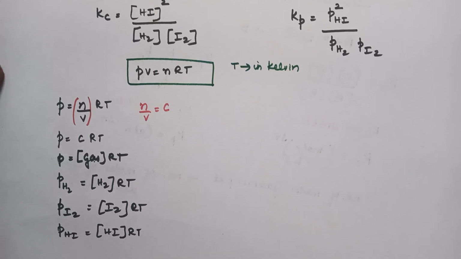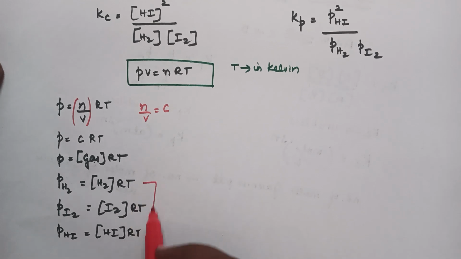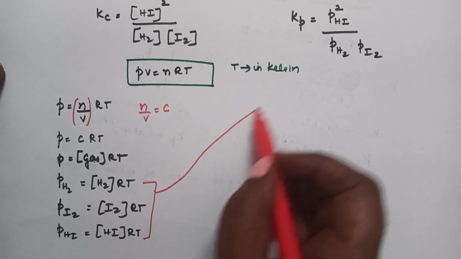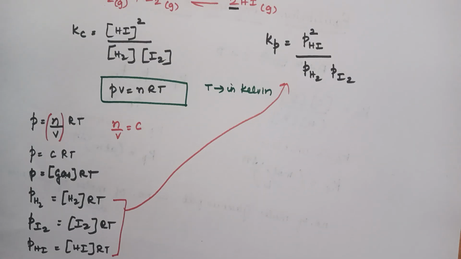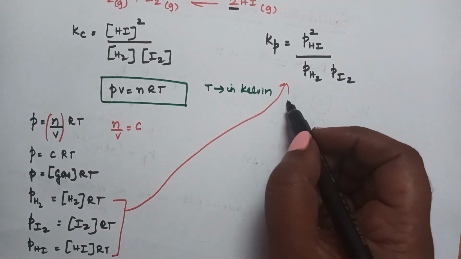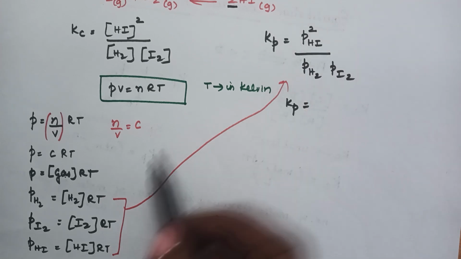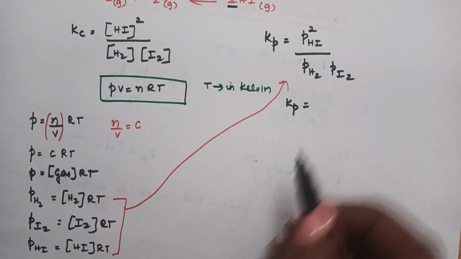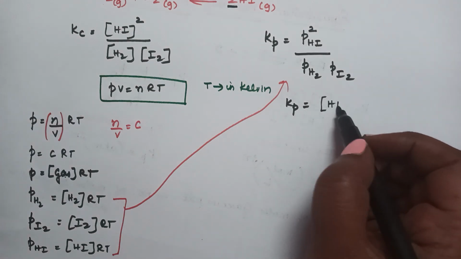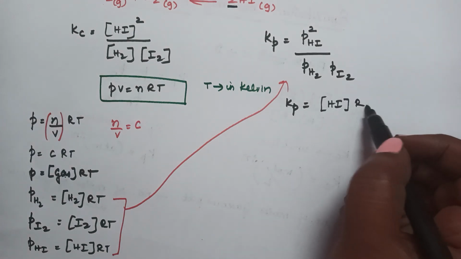Now we will substitute this in this expression. Kp is equal to: P of HI is HI into RT.